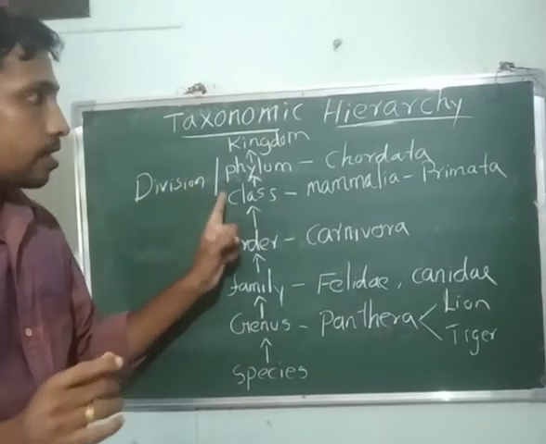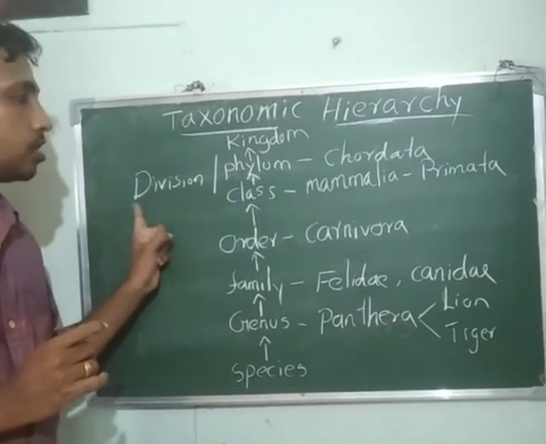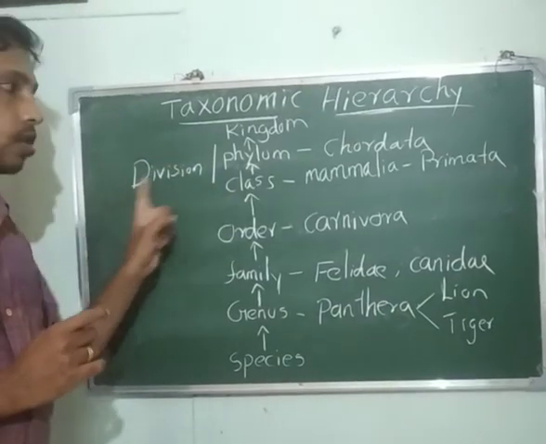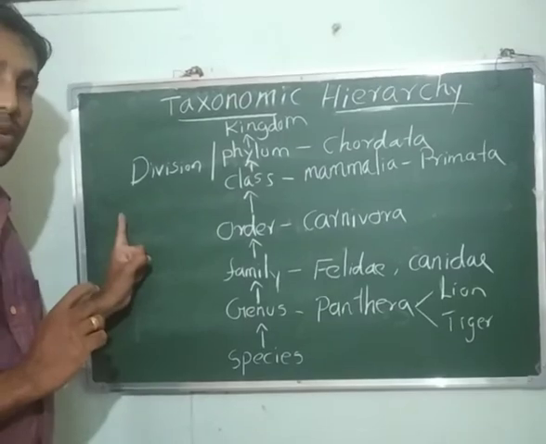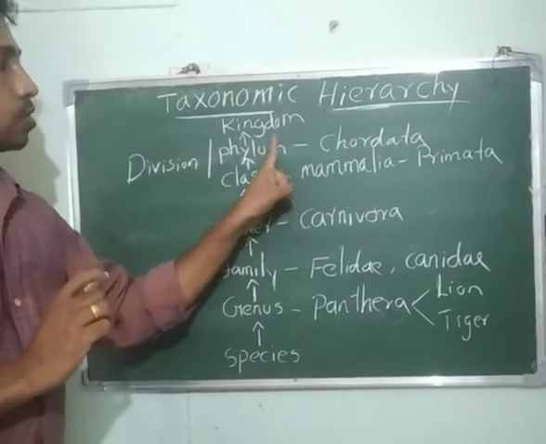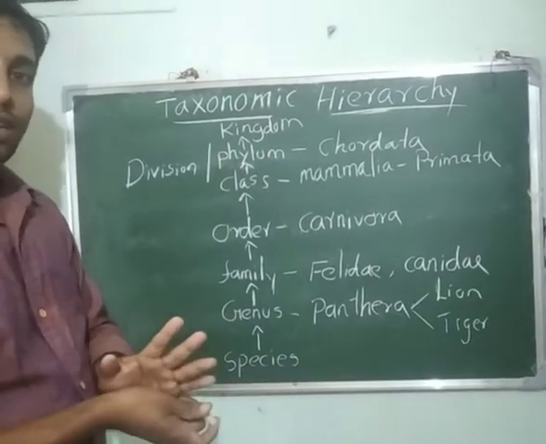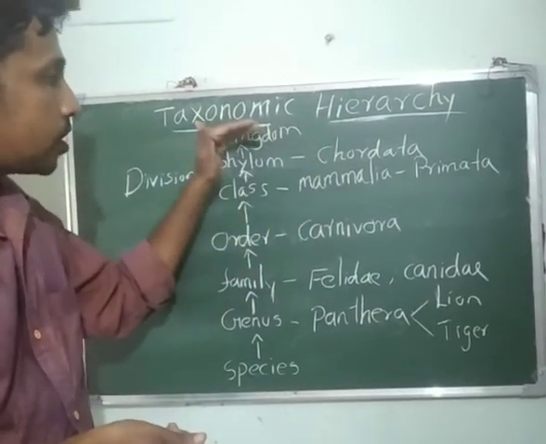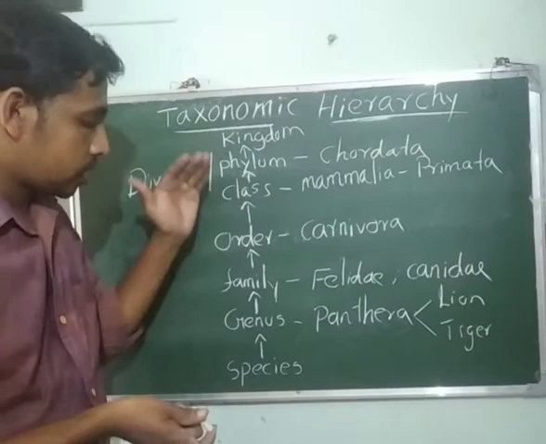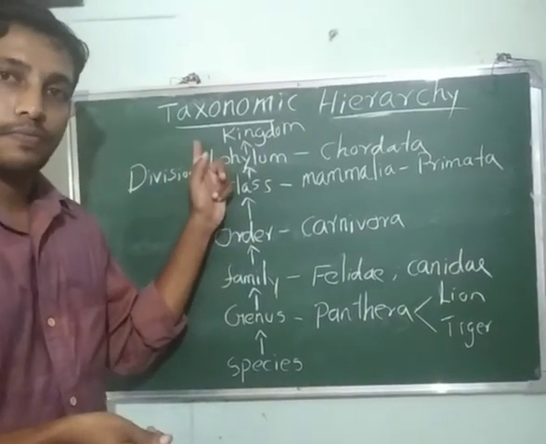In the case of plant taxonomy, this term is used. Instead of phylum, we use what? Division. Okay. These various phyla constitute a kingdom. Then the kingdom is the highest level of this taxonomic hierarchy.